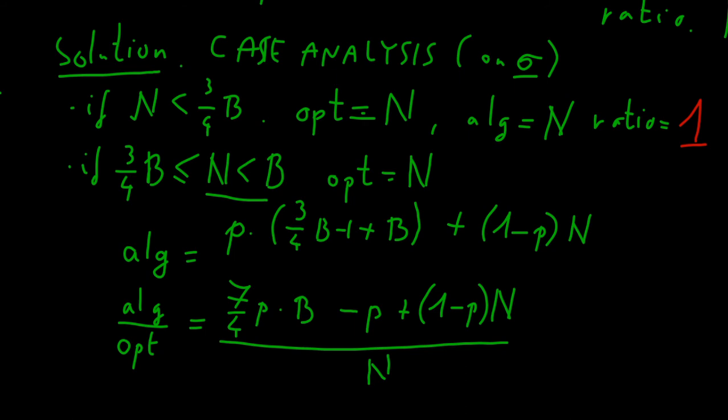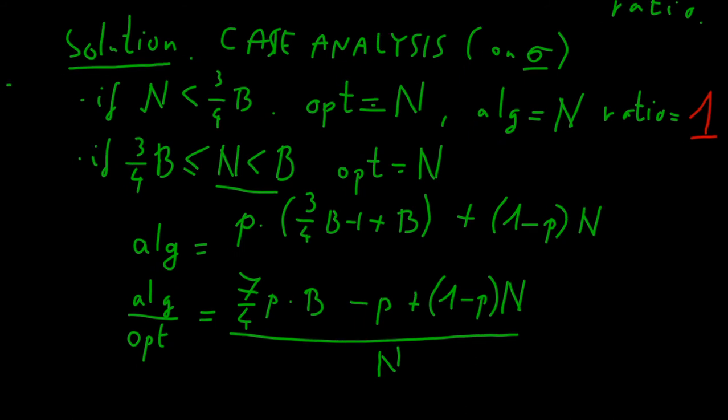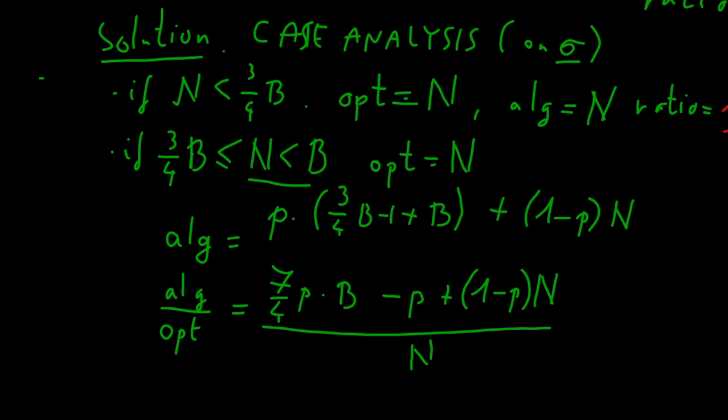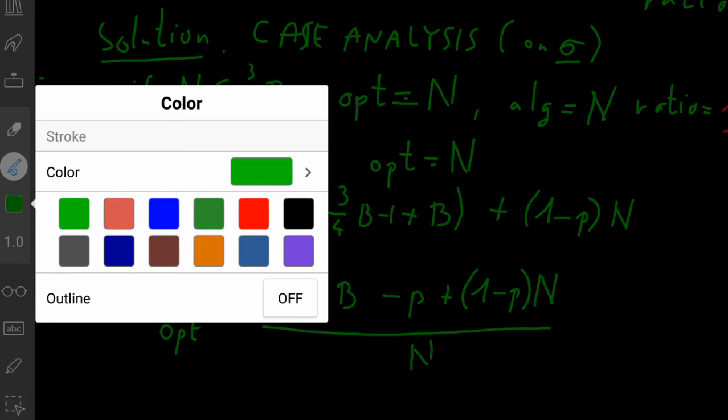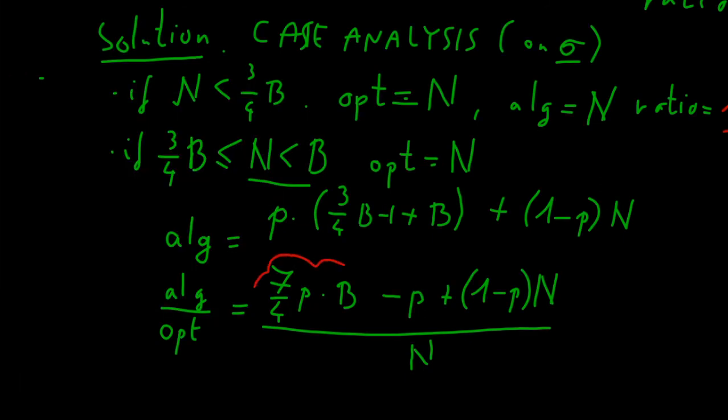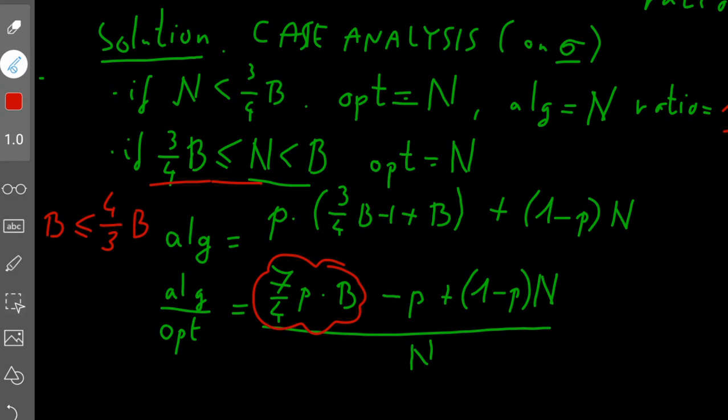Now I want to make this a number. Now p is just a constant, but for cancelling out the terms, I'll just have to bound this guy here. But since 3 over 4 b is smaller than or equal to n, I get that b, in this case, is smaller than or equal to 4 over 3 n. I was just multiplying by 4 over 3.